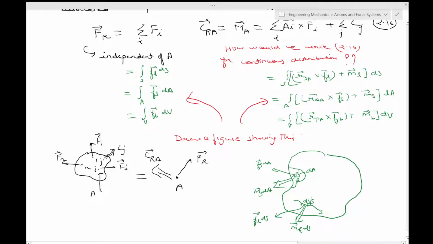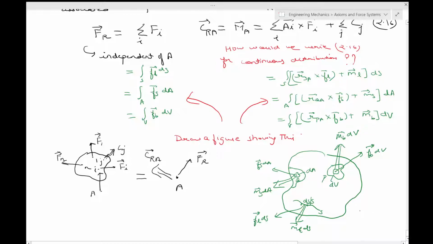And similarly one can have a volume. This is small volume dV, this point over here is P, and FB dV is the force, MB dV is the moment.